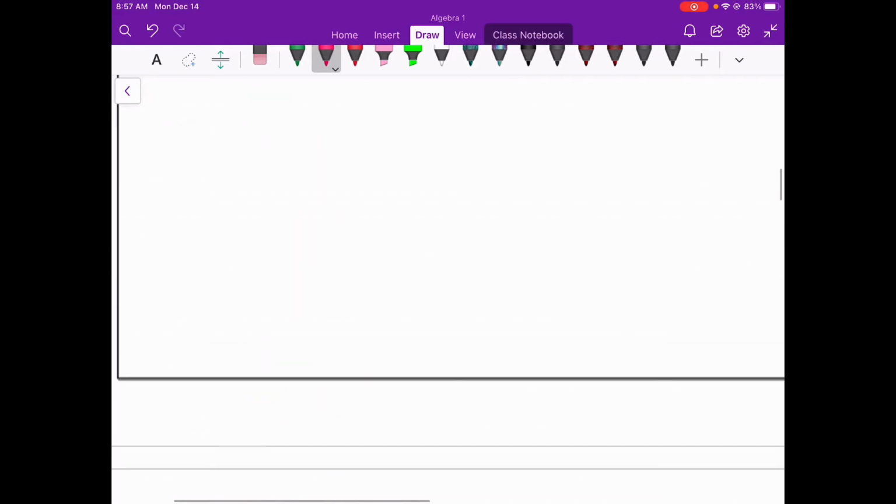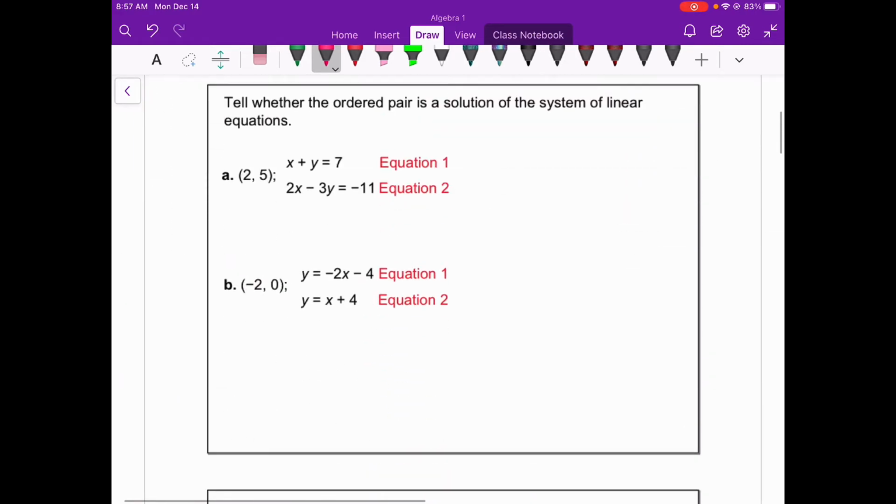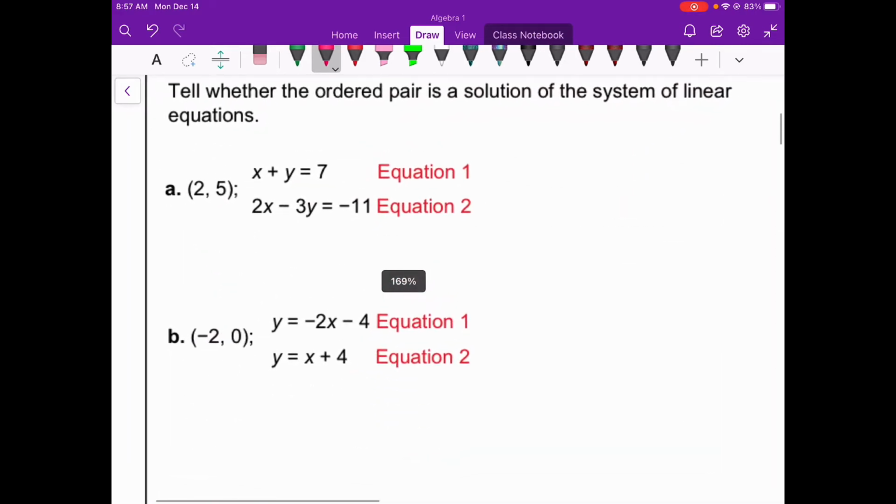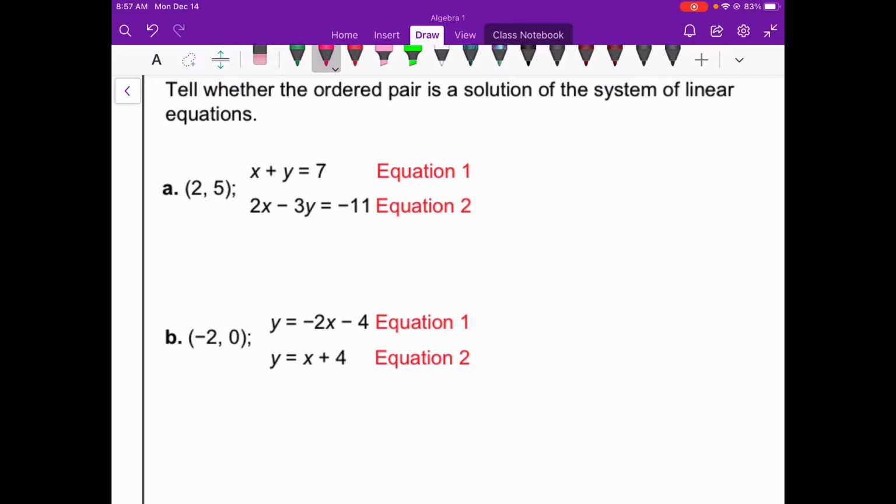Now let's look at the algebra for these types of problems. Before we begin, we're going to look at specific coordinates, and we're going to find out if one of those coordinates is a solution to the system. We're going to do letter A, and you guys will do B on your own and check your answer.